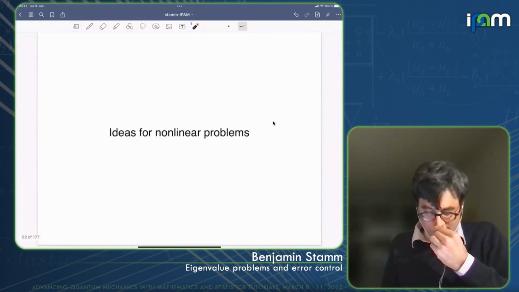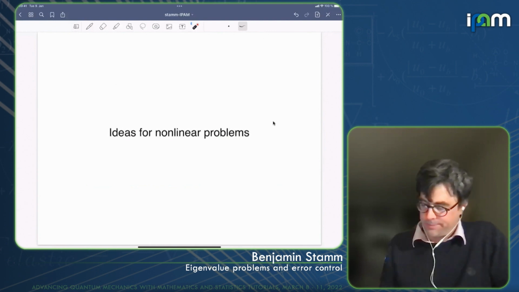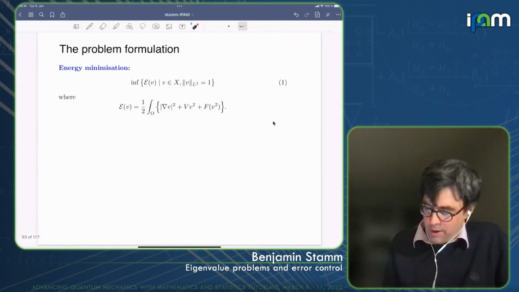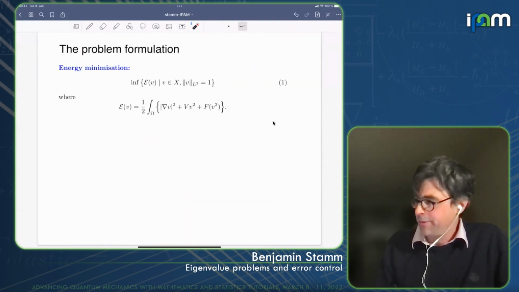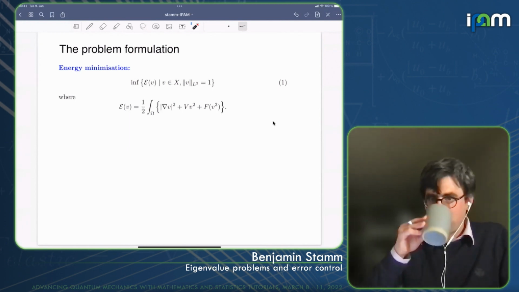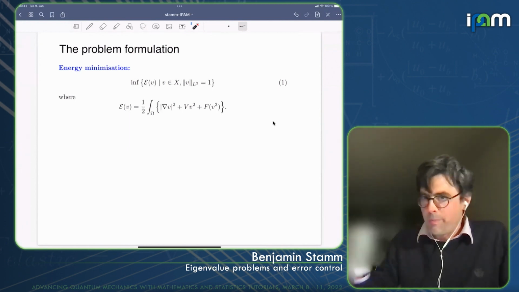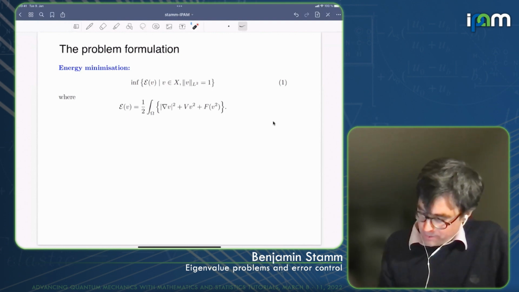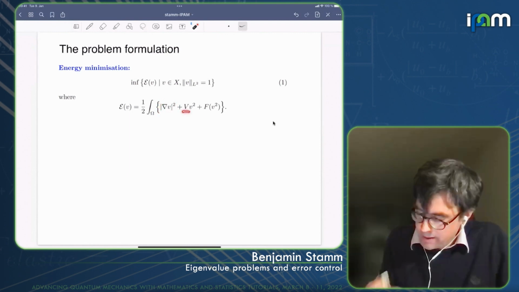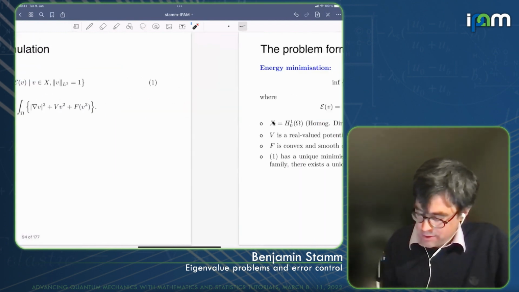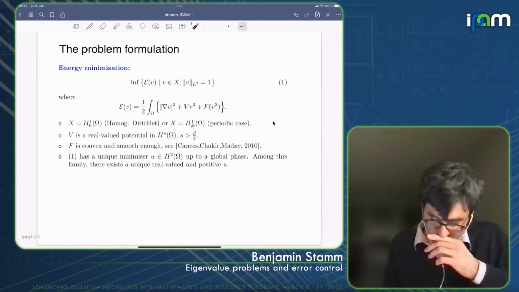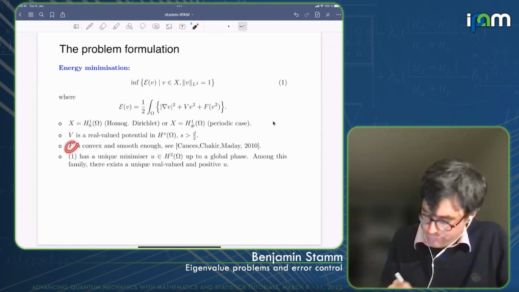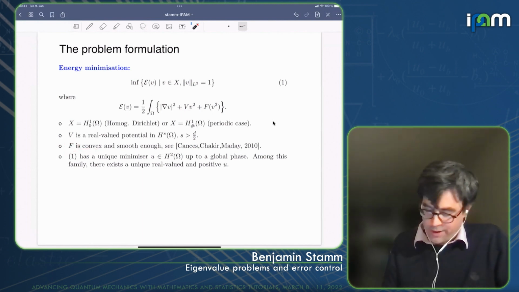Let me present some ideas for nonlinear problems. In this case, I focus on the Gross-Pitaevskii equation. So we have in general an energy functional that has a gradient term, a linear potential, and then a nonlinearity, where we take a convex function f that is smooth enough.